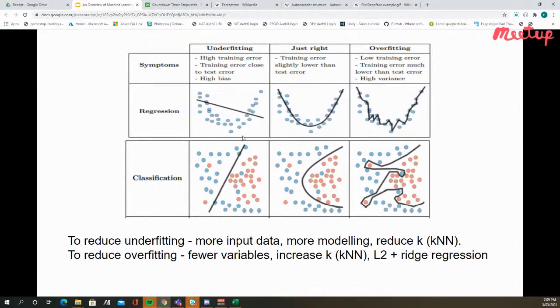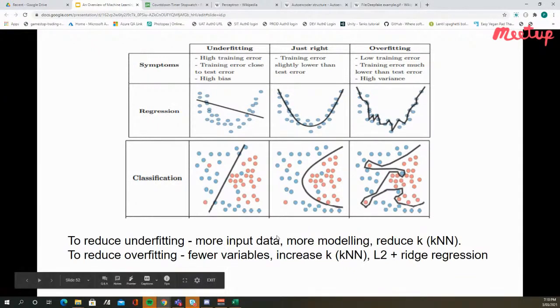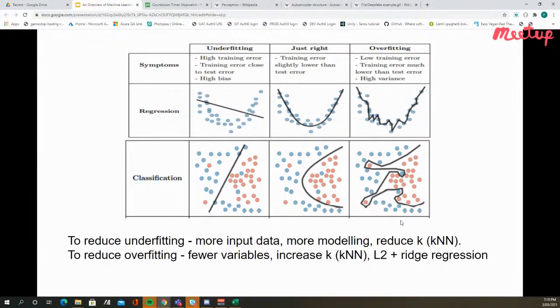So this is an example. Basically this restates what I previously said. Underfitting: high training error, high bias. Overfitting: low training error, but the test error is a lot higher, and that's called high variance. There are ways to reduce this. For underfitting, get more input data, run your model more. If it's K-Nearest Neighbor, you reduce the number of K so that it's more responsive to individual data points.